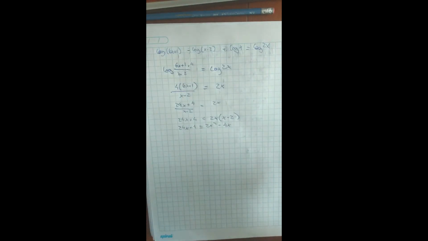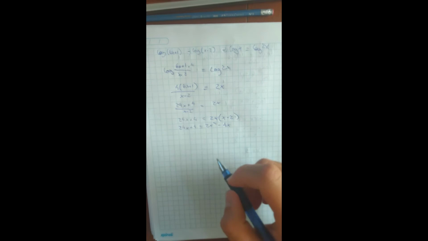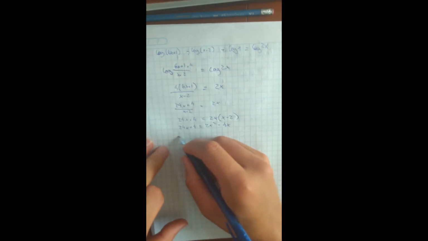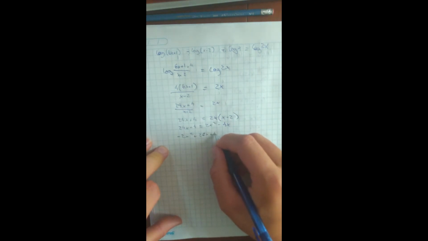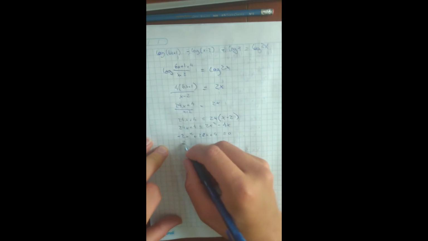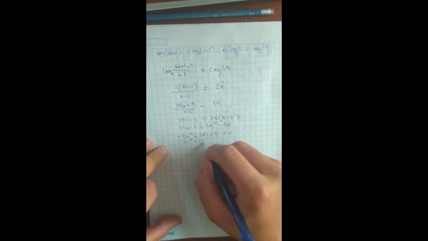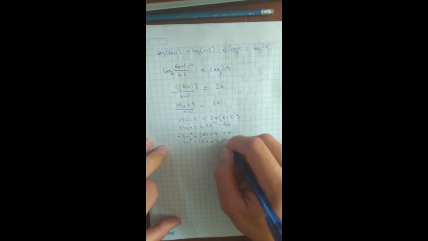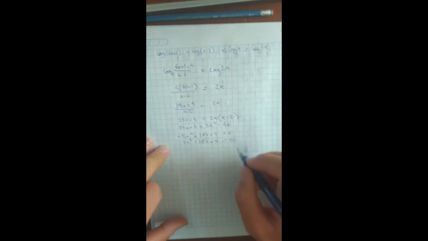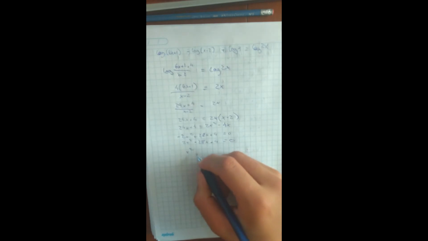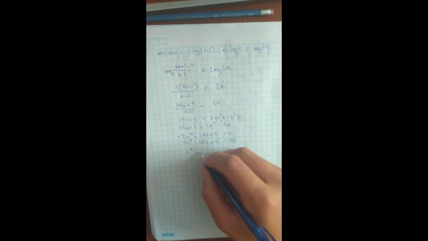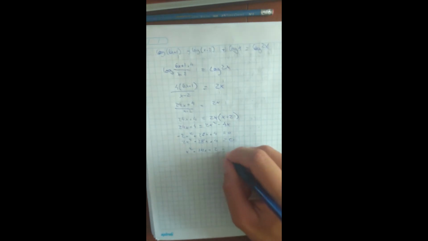Okay, so now we put all to the same side. So negative 2x squared plus 28x plus 4 equals 0. So 2x squared minus 28x minus 4 equals 0. Now we can actually divide everything by 2, which will get us x squared minus 14x minus 2 equals 0.